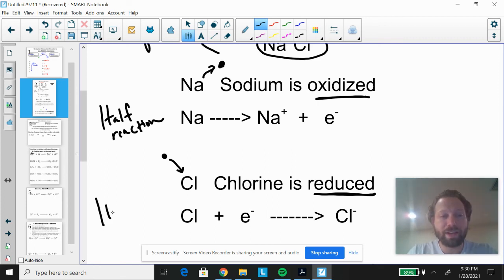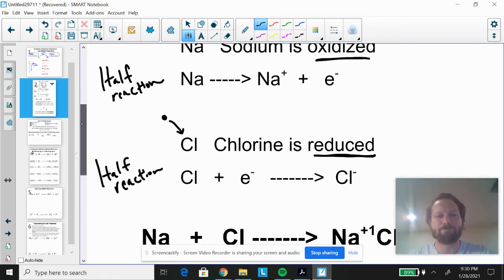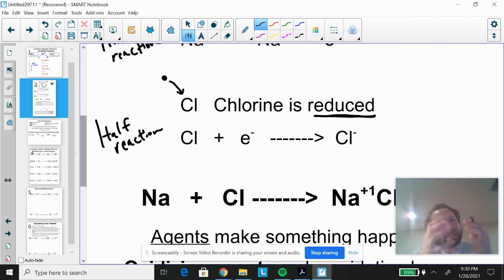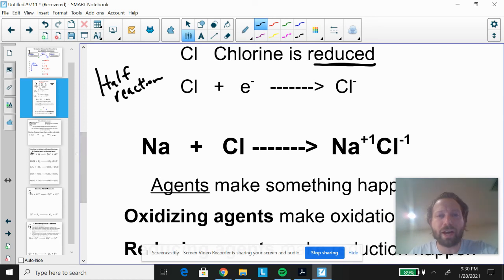And again, this is a half reaction. These half reactions are important, and they're going to become important when we're balancing these redox reactions and we find certain things like reduction potentials for the cell. When we put this back together, we have a redox reaction. This is the full reaction, reduction and oxidation.